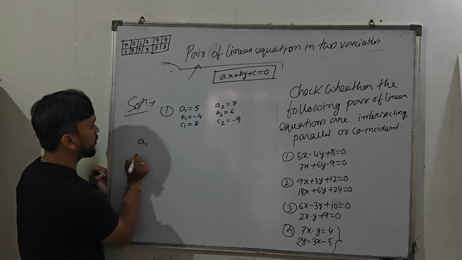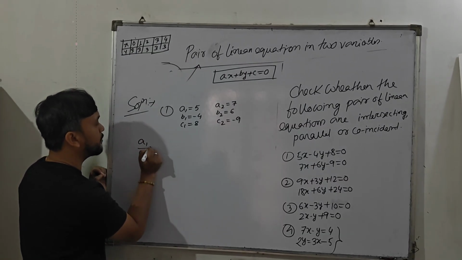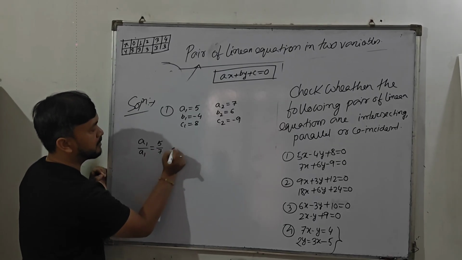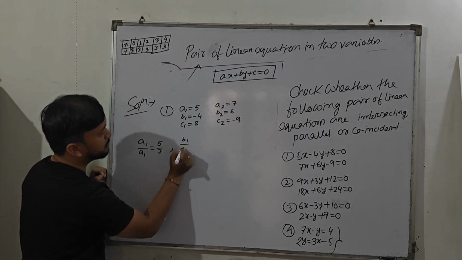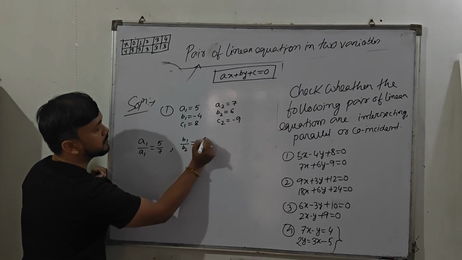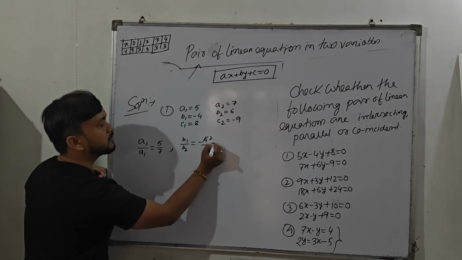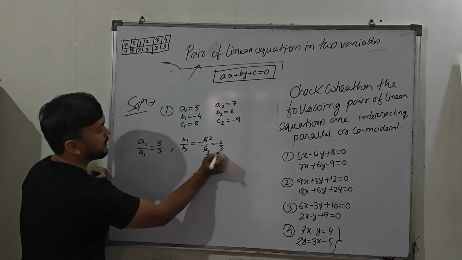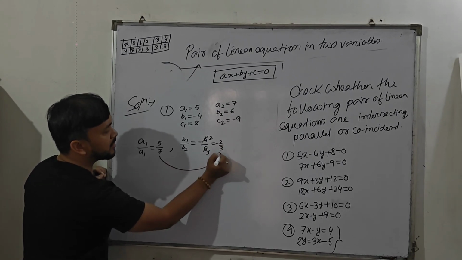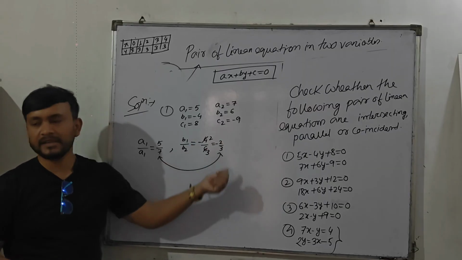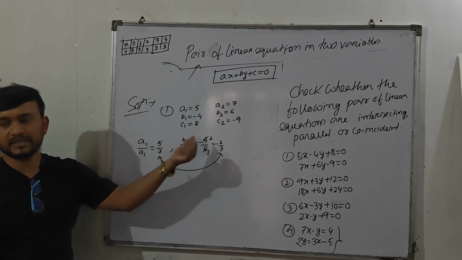First of all, try to find a1 by a2, 5 by 7. Then b1 by b2 value, minus 4 by 6, that is minus 2 by 3. So these two values are not equal. 5 by 7, minus 2 by 3 are not equal. One is positive, one is negative.